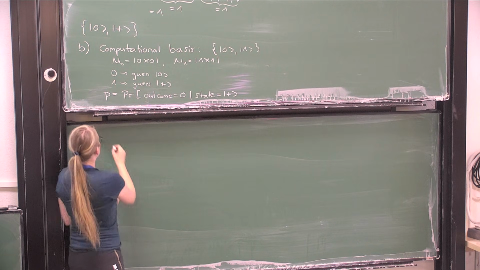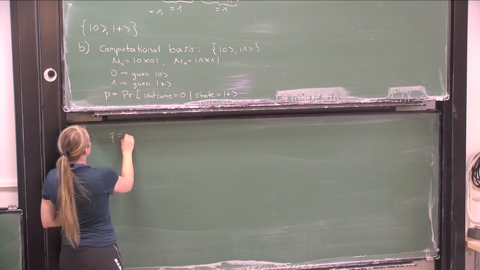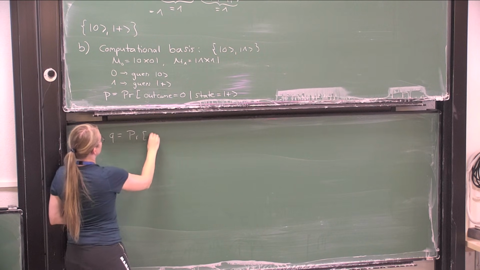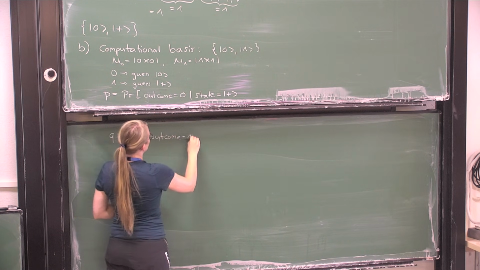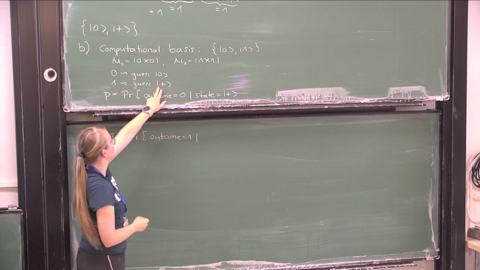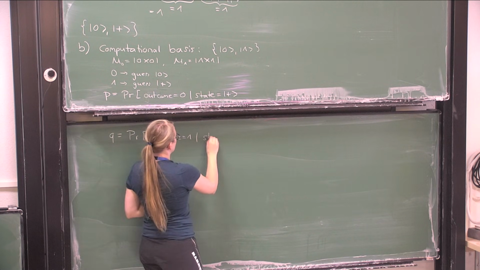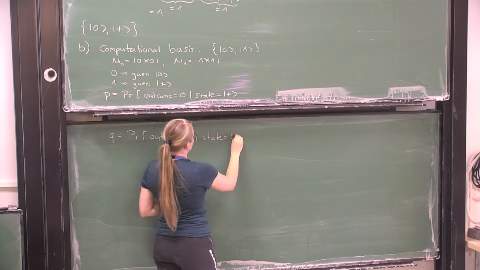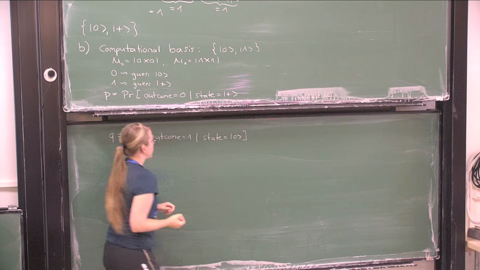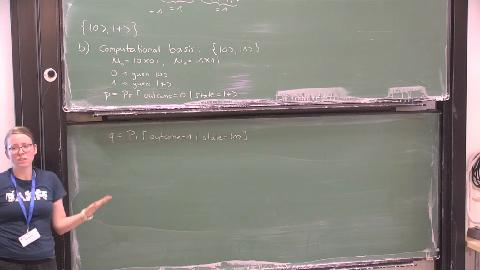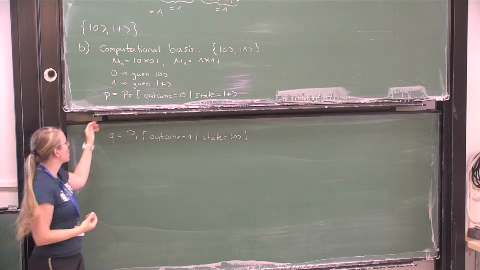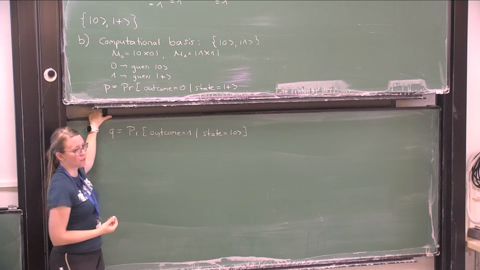In that case, you would make a mistake. And the other error probability is when the outcome is 1, so we guess plus, but the state was actually 0. And of course, I want to keep these probabilities as low as possible in order to never make a mistake when guessing the quantum state someone handed to me.